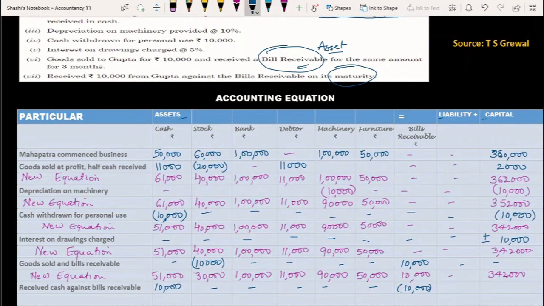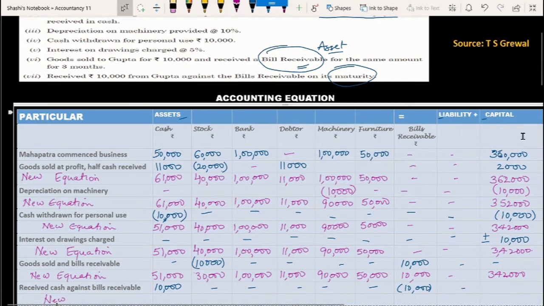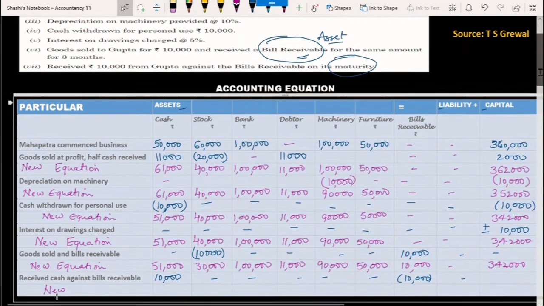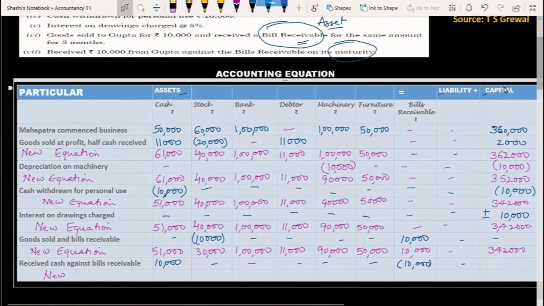Because there is no bills of receivable now. Okay, this will remain same. Okay, so we'll do one thing. So now again we are going to write new equation.